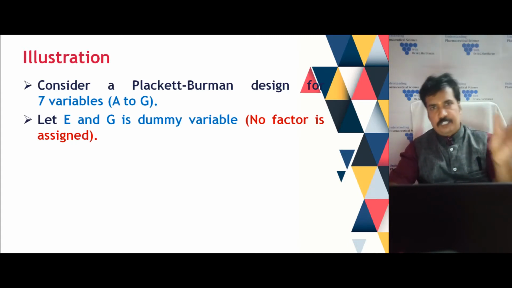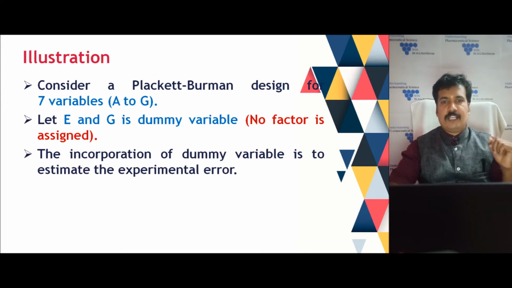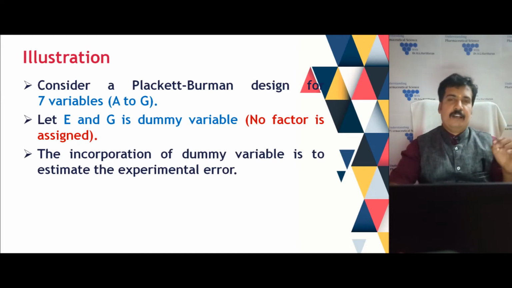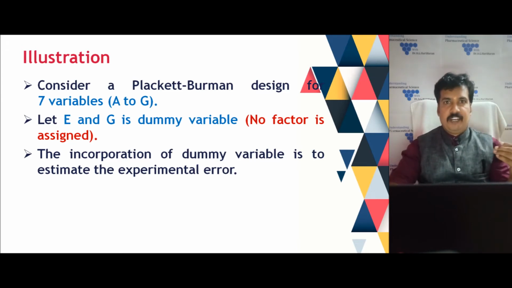So out of A to G, I am taking E and G as dummy variables. Why am I taking these as dummy variables? To calculate the experimental error. Whether I have wrongly performed the experiment, or my analytical method was problematic, that experimental error should be identified. This can be identified with the help of these dummy variables.